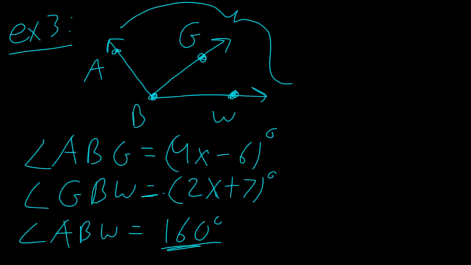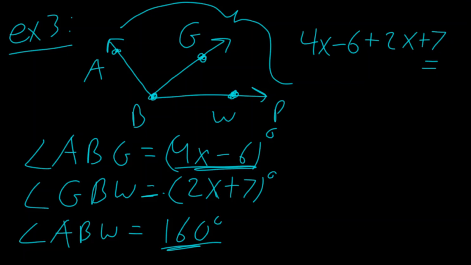So, by our angle addition postulate, we know we can take this one part and we can write 4x minus 6 plus, because it's the angle addition postulate we're adding, 2x plus 7 equals the total, or the whole, 160. Now from here, we're just reviewing some simple algebra.